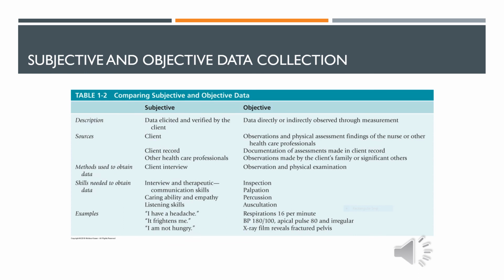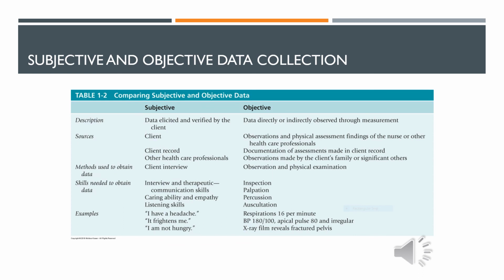This table was taken from your textbook, and I think it's a good representation of comparing and contrasting subjective and objective data. Remember that your subjective data that you will be collecting is from the client and only from the client. You obtain that information through your client interview, through therapeutic communication techniques, active listening.